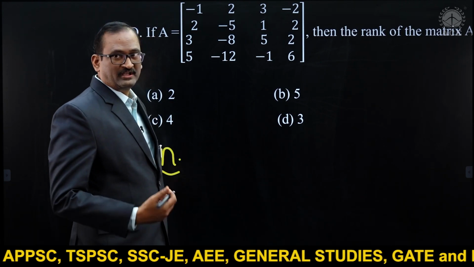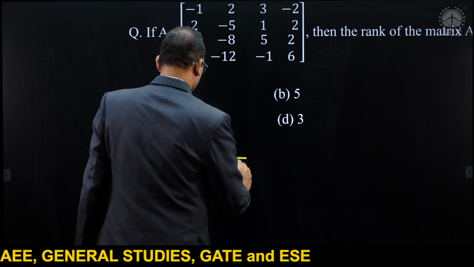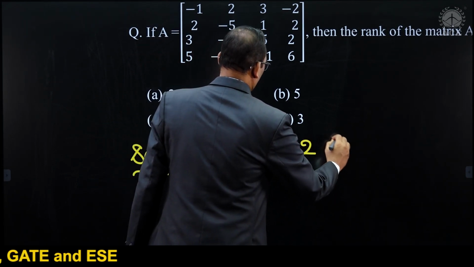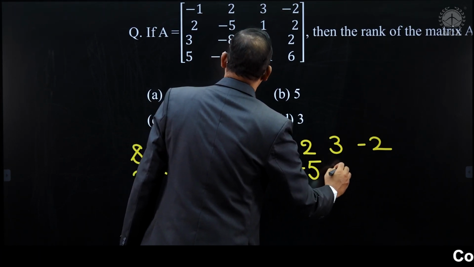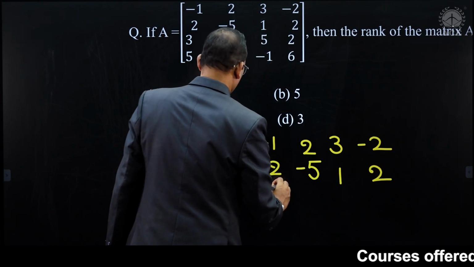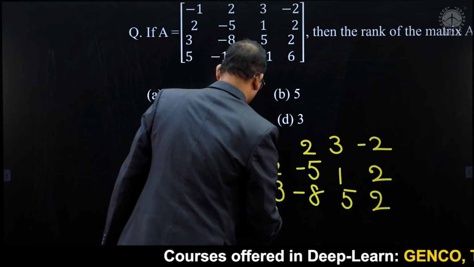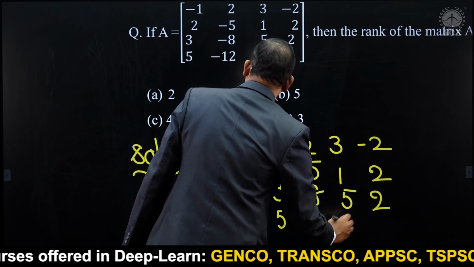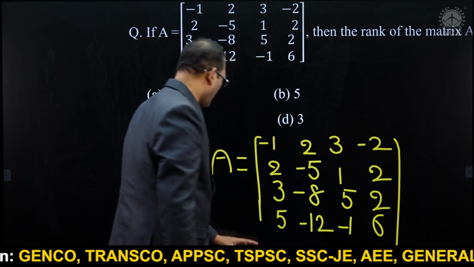First of all, what I want to write is the given matrix: -1, 2, 3, -2, 2, -5, 1, 2, 3, -8, 5, 2, 5, -12, -1, 6.